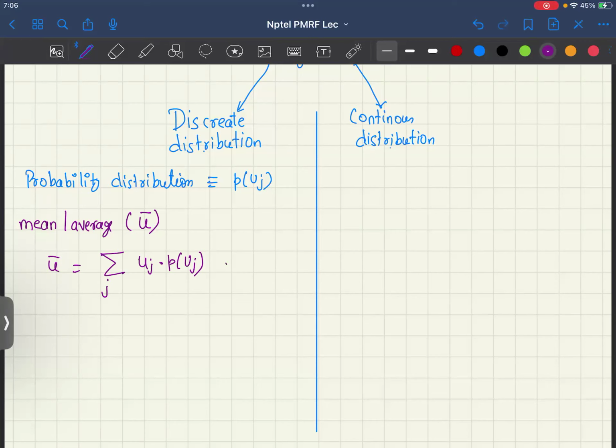This is called the mean. That is the first result which we are going to use extensively in the later part of the lecture.